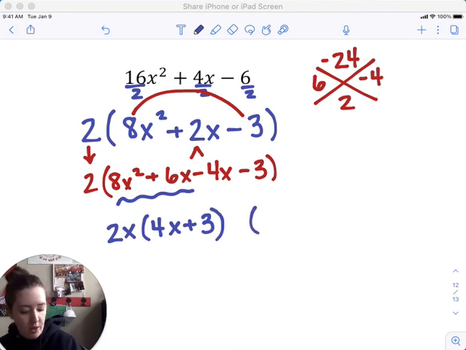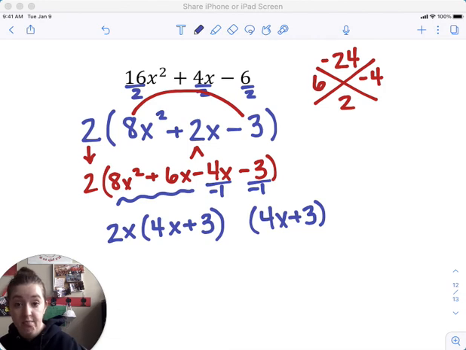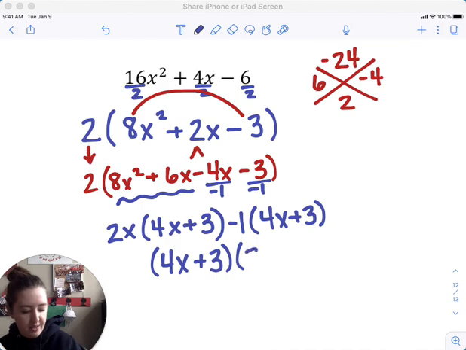We know we want a 4x plus 3 here in the parentheses. So what do we need to divide out of negative 4x and negative 3? Negative 1. We'll factor out that binomial that they have in common, 4x plus 3, and then we're left with the stuff on the outside, 2x minus 1.